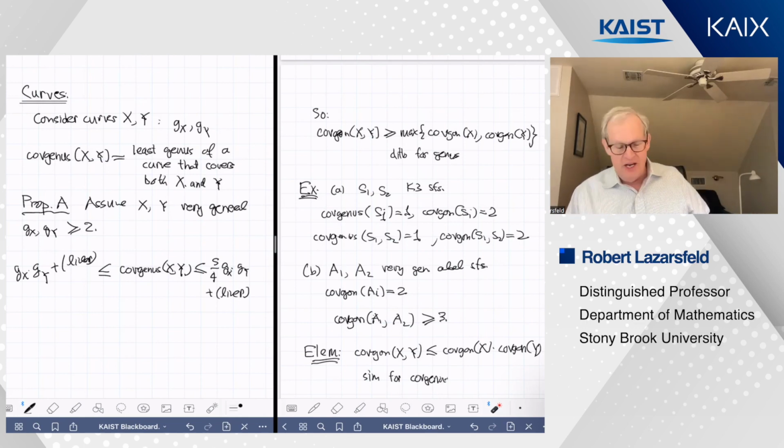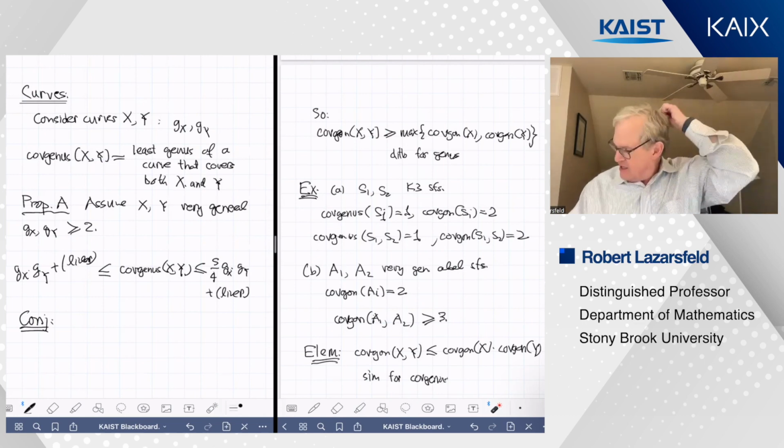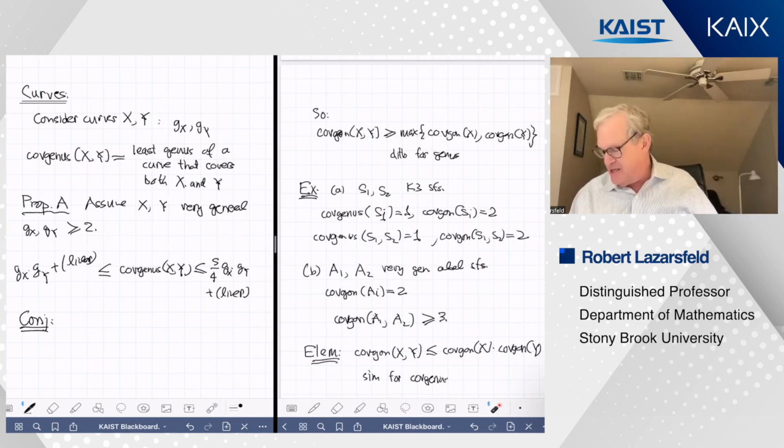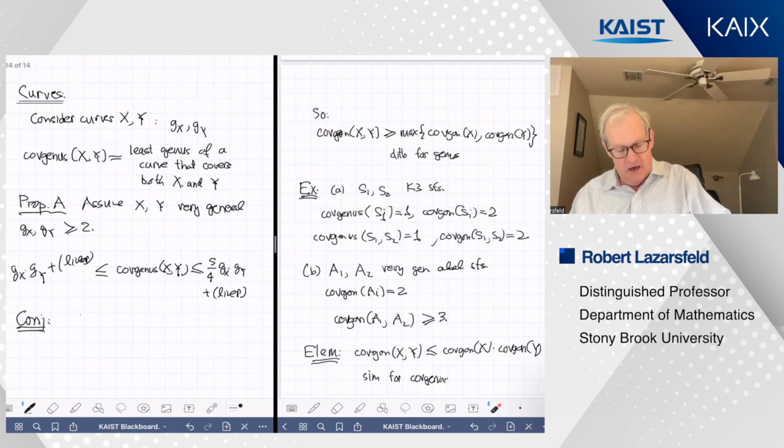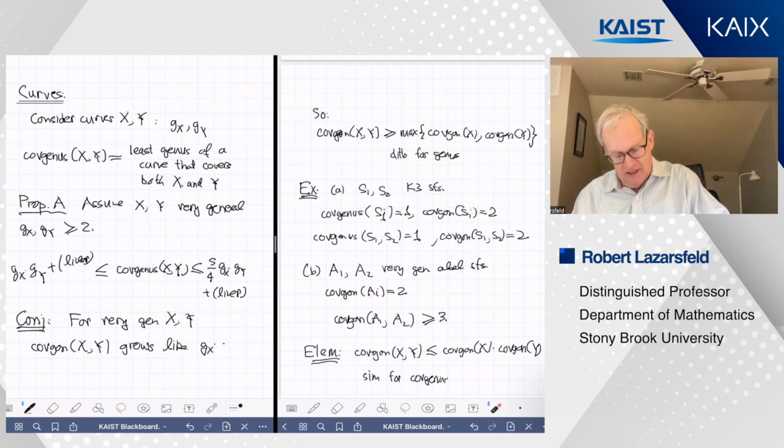But what's strange is that Olivier and I are unable to prove anything at all seriously about the covering gonality. So we don't have any non-trivial bounds. But the conjecture is that for very general X and Y, the joint covering gonality of X and Y grows multiplicatively, like gX times gY.